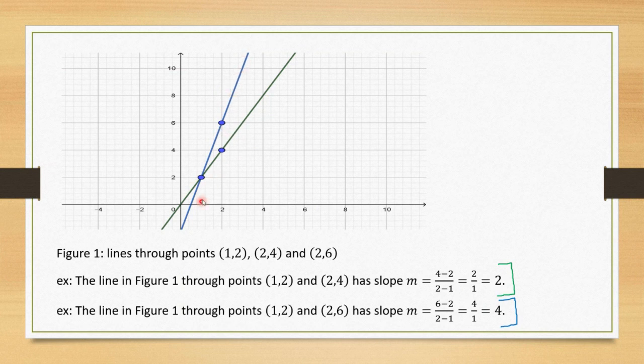And that's what's going to happen in general. Basically, the bigger the slope is, the more positive it is, the steeper the line's going to be, the more vertical it is. What's really happening is that it's increasing at a faster rate, the height that is, so that's why it's steeper.